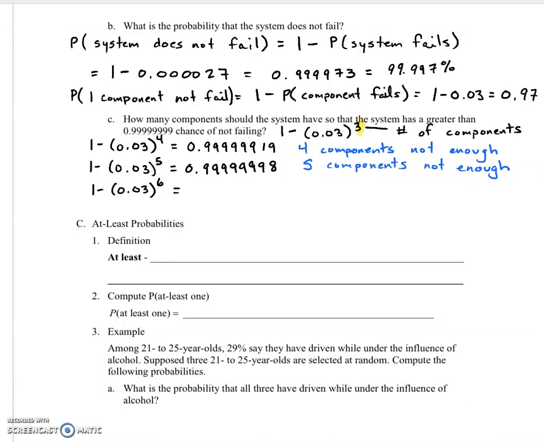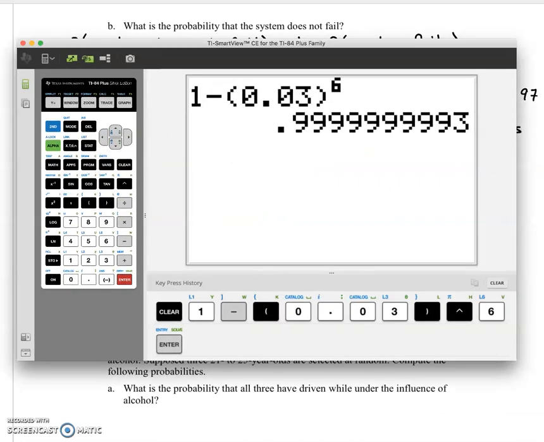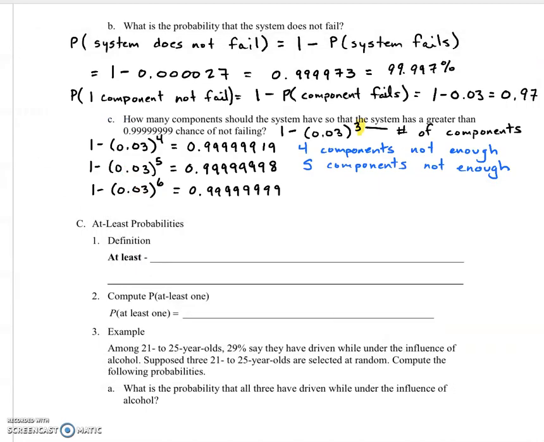So, 1, 2, 3, 4, 5, 6, 7, 8. Let me make sure I counted those right. 1, 2, 3, 4, 5, 6, 7. Yep, that's definitely 9 nines. 993.